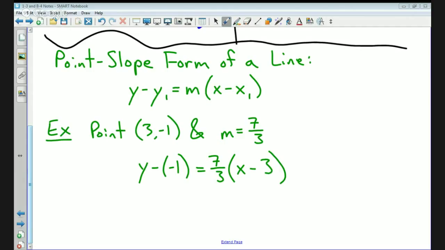So the thing to pay attention to here, again, is that m is just the slope, and this x1, y1 is a given point.